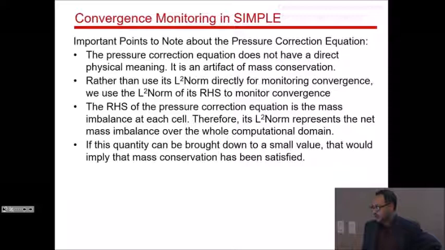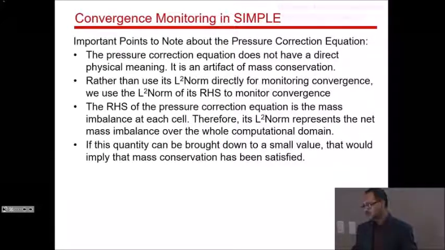So, some points to note about pressure correction. Pressure correction equation does not have a direct physical meaning. Okay? Yes, it is derived from the continuity equation, but you can't look at that equation and say, okay, this is mass conservation. It's derived from mass conservation, but it doesn't really have a physical meaning. It is an artifact of mass conservation. Okay?